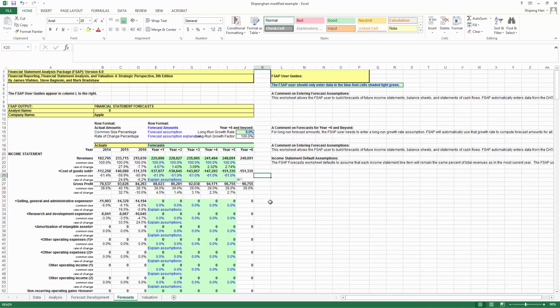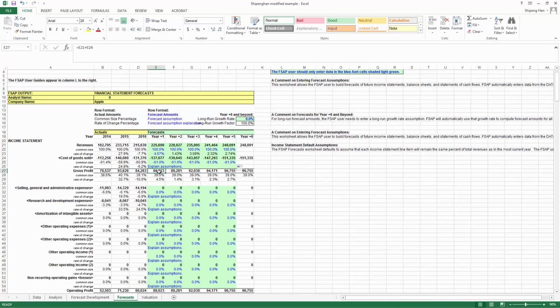So after this step, you will find we get a gross margin or gross profit, which is the difference between revenues and the cost of goods sold. The gross profit margin is about 39% of the total revenue. That means if Apple makes $100 revenue, it also makes $39 gross profit.